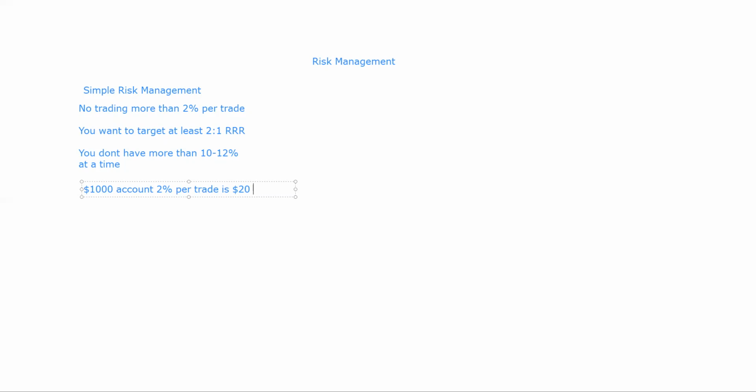And if you're doing 2-to-1, a reward to risk, I don't know why I always say it backwards, reward to risk, then that's going to equal $40 every win and $20 every loss.